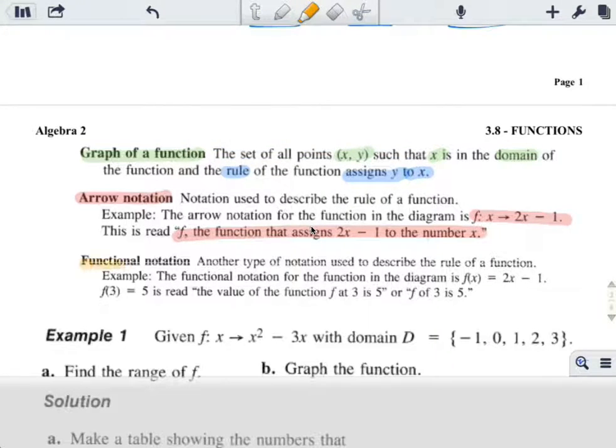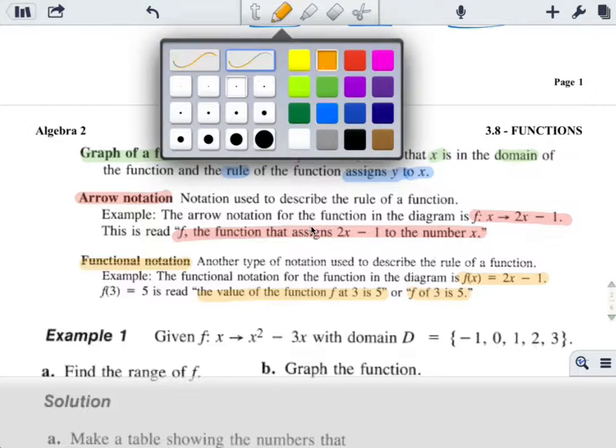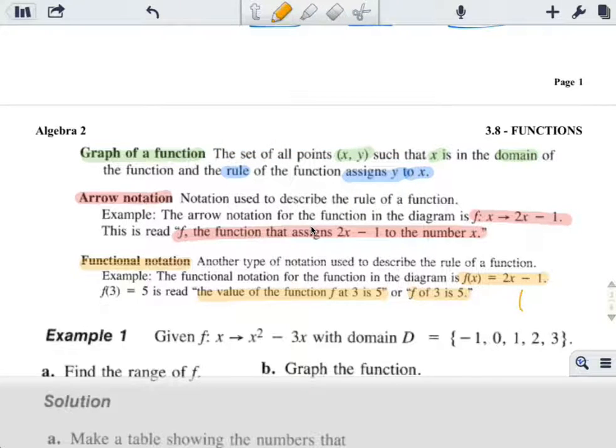Functional notation looks like this. Okay, the value of the function f at 3 is 5, or f of 3 is 5. In other words, they give us sort of like an ordered pair, and that ordered pair is (3, 5). If we input 3, we get 5. That's what this means right here. We get the ordered pair (3, 5).